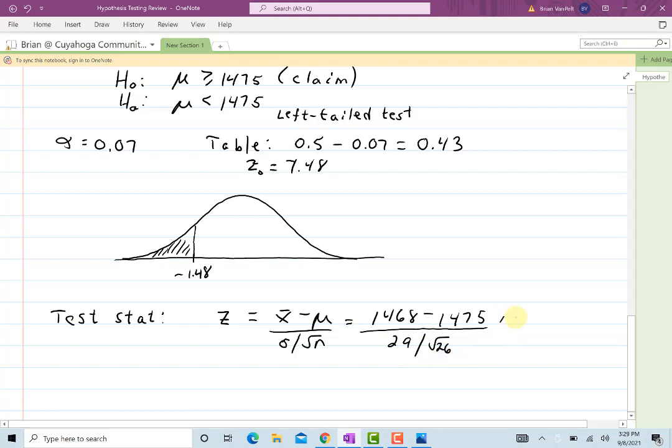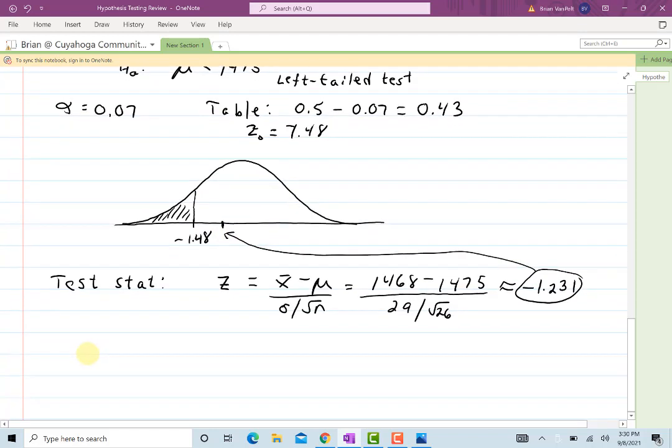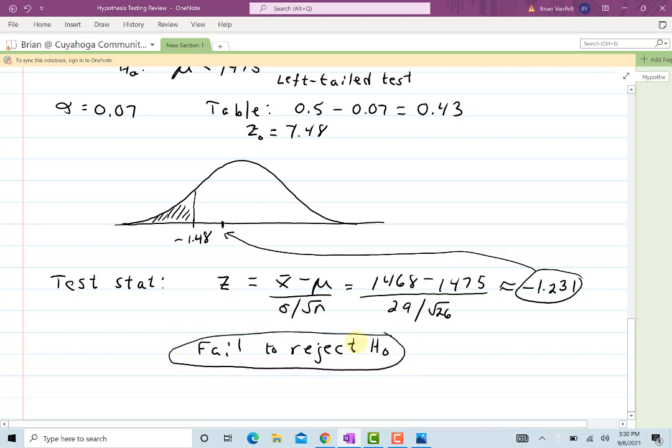This is approximately negative 1.231. And so where's that at? If I look at this graph, negative, so that's somewhere to the right of it. So this guy right here is not in the shaded region. So in a situation like this, we fail to reject. We can see from the problem here, if that z value had landed in the shaded region, then we would reject H sub 0.